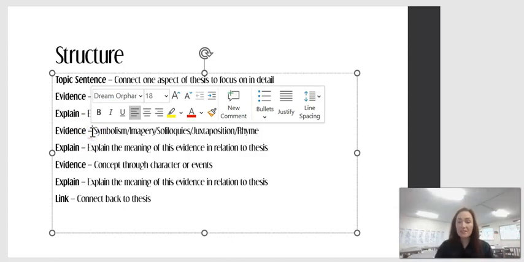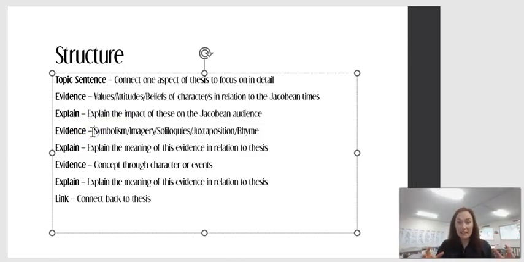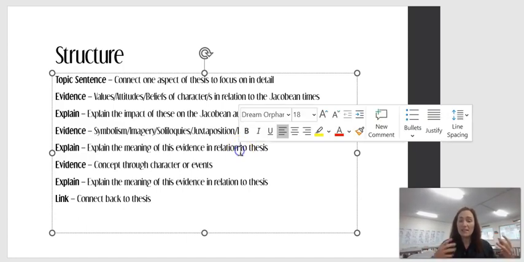The next bit of evidence I'd love you to do is to look at the aesthetics. So the aesthetics include symbolism, imagery, soliloquy, juxtaposition, or rhyme. So in relation to that topic, what is a symbol that connects to it? Or if you're looking at Banquo and Macbeth, they juxtapose each other. Okay, so elaborate on that juxtaposition. How does that connect to the audience and to the thesis?